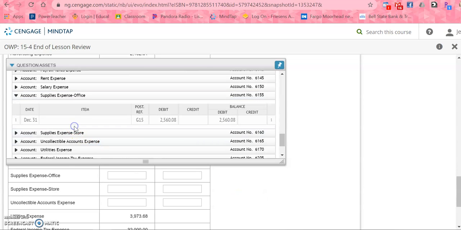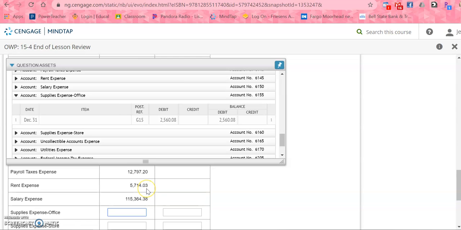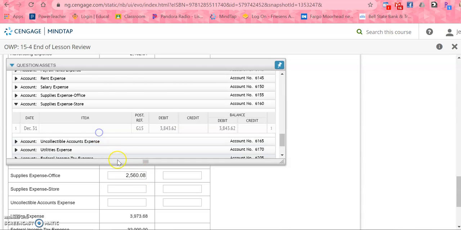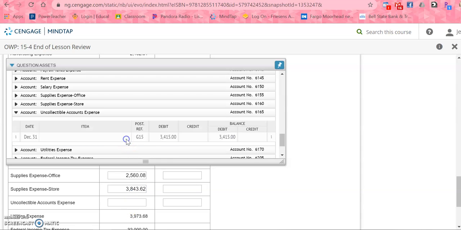Supplies expense office, we have a debit of $2,560.08. Supplies expense store, we have a debit of $3,843.62. Uncollectible accounts expense, a debit of $3,415.